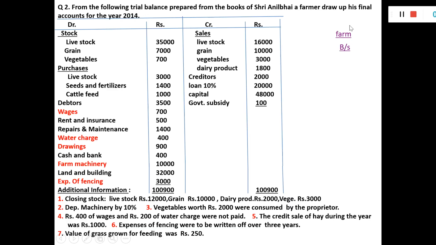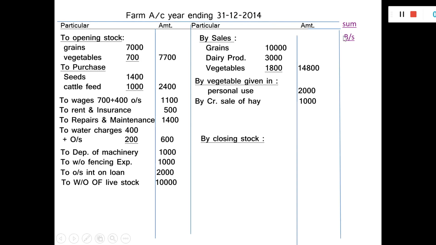Go to the sum. Closing stock of grains 10,000, dairy product 2,000, vegetable 3,000. So first effect will be given in the farm account and second effect will be given asset side of the balance sheet.